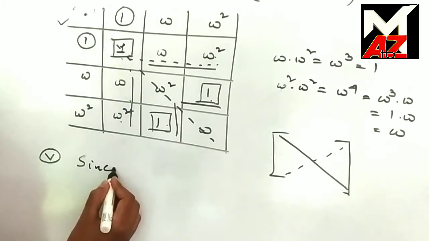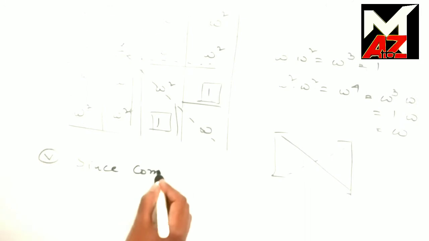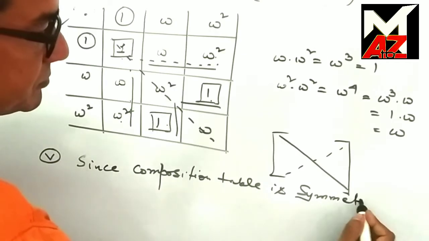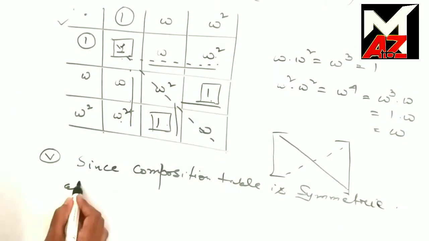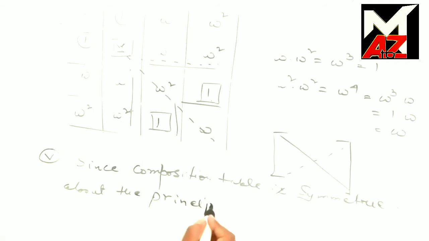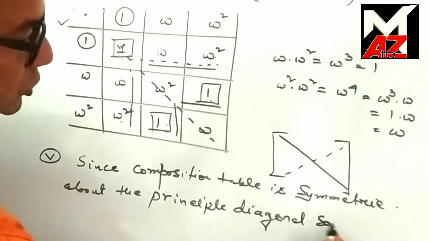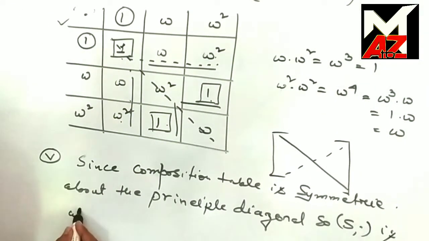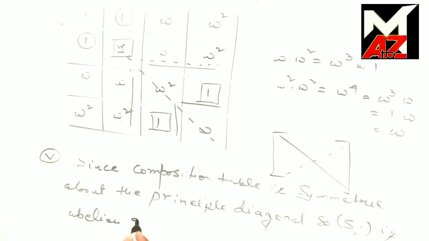Since the composition table is symmetric about the principal diagonal, so S is abelian, or commutative.